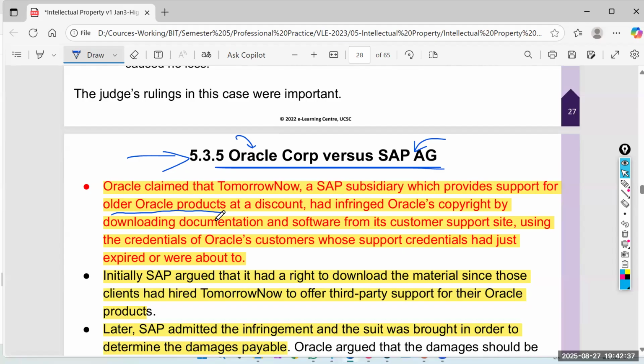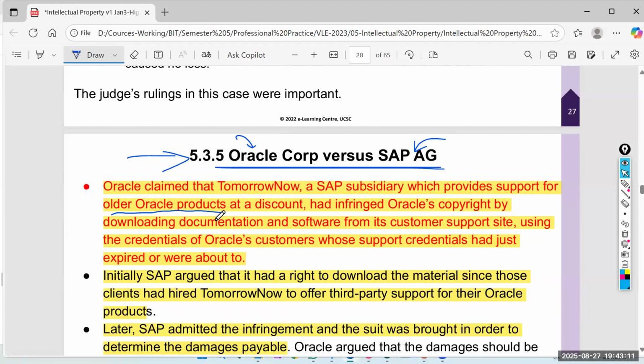You can see by the look of it that this is unethical, because it is my software and you provide support for my software, which is sort of illegal. But SAP did it, because they have the technical capabilities, being in the same domain. In order to do that, they had to download Oracle's documentation, because they needed to refer to it. Support means customization, bug fixing, and so on.